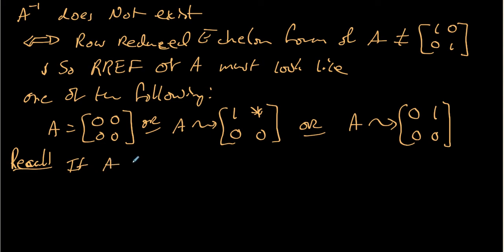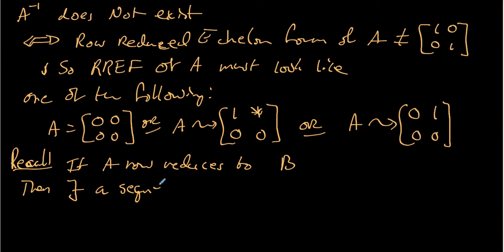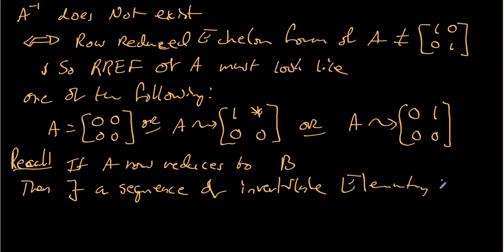So if A row reduces to, I'm just going to call it matrix B, then there exists a sequence of invertible matrices, they're called elementary matrices, that do the row operations, and it's such that you do a row operation until you get down to the last of these row operations. That guy winds up being B.